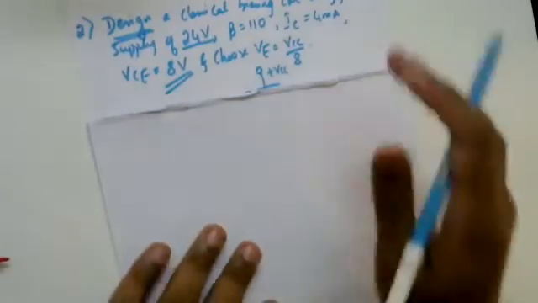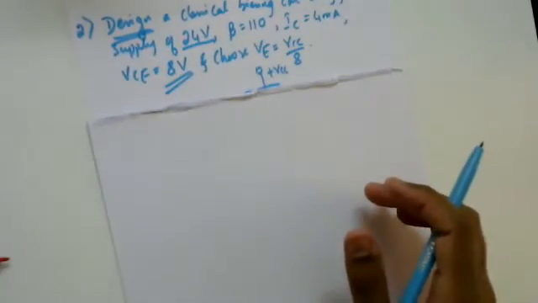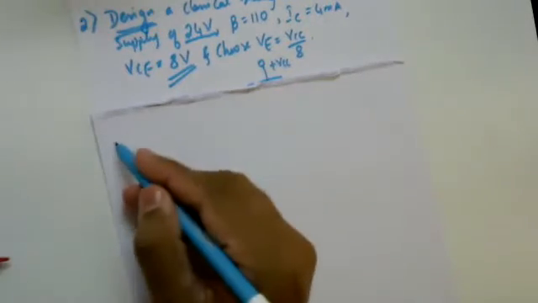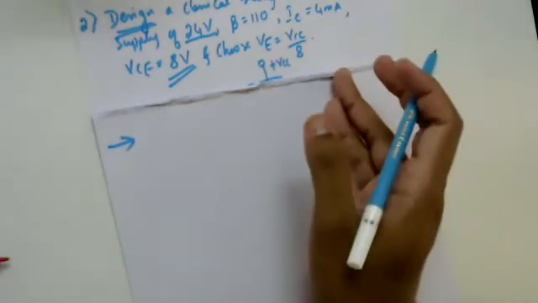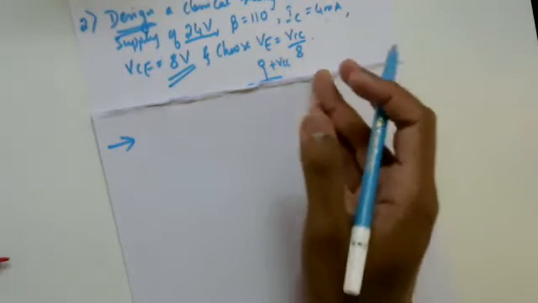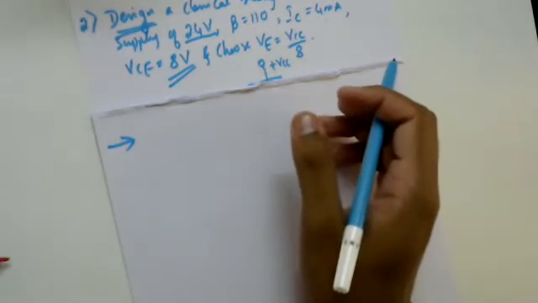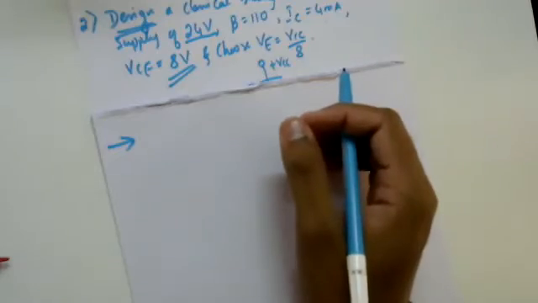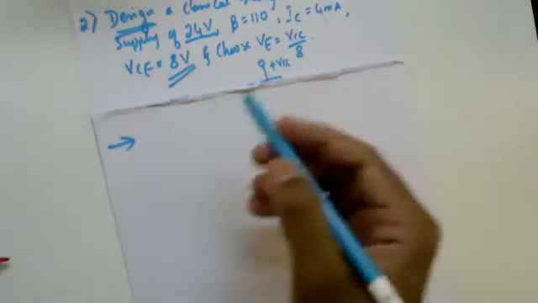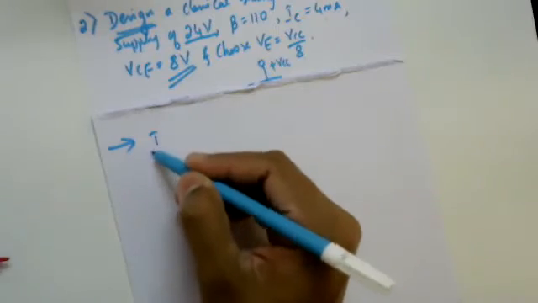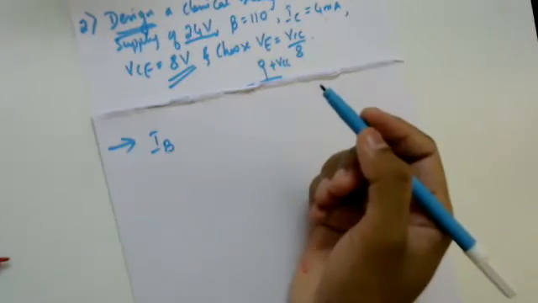Now we'll start solving this numerical in steps. In the first step, we need to compute our input current, then the emitter current and the emitter voltage, so that I can compute the remaining parameters. So first I will compute my base current IB.